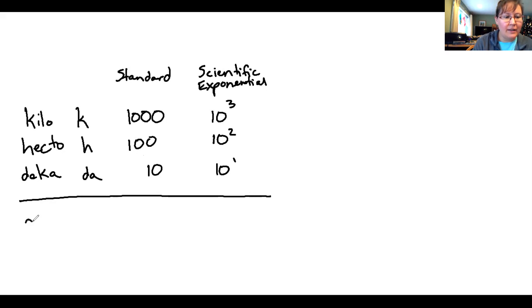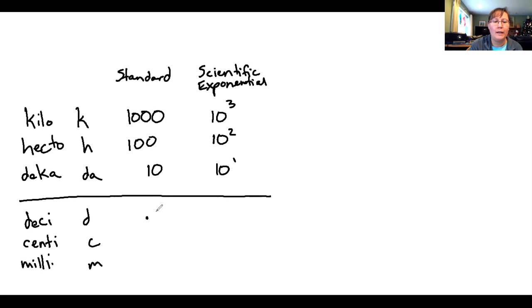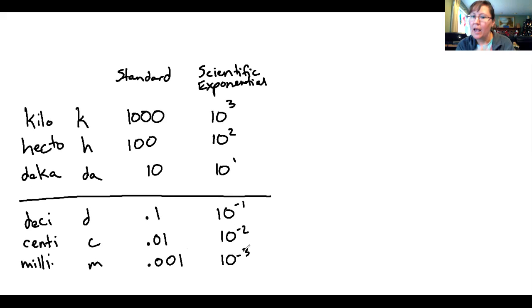And then we have deci, and then centi, and milli, and this is 0.1, 0.01, 0.001, and this will be 10 to the negative 1, 10 to the negative 2, 10 to the negative 3. That's what that chart in your slides looks like. Okay, so let's take a look back at that and see what some of that would look like.